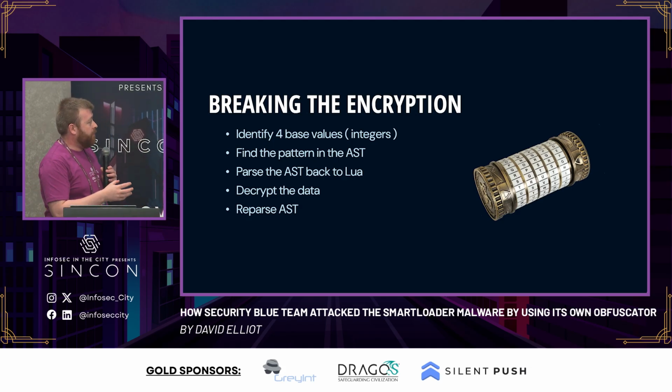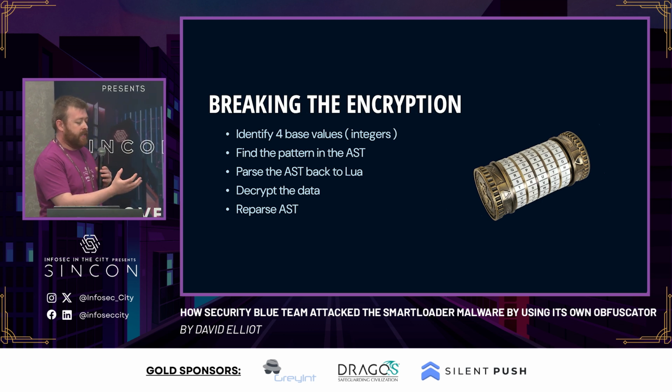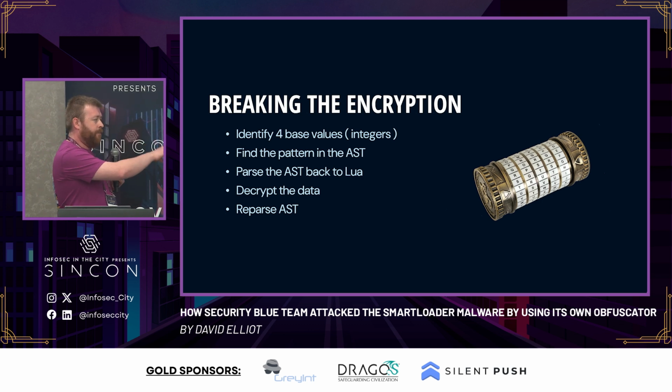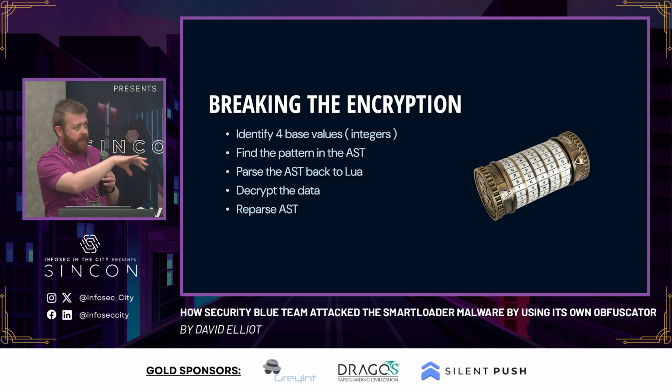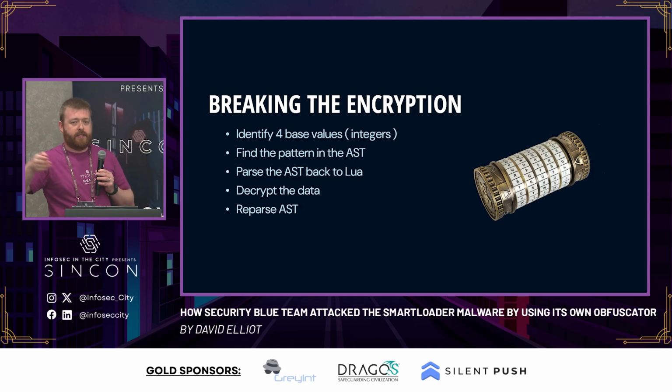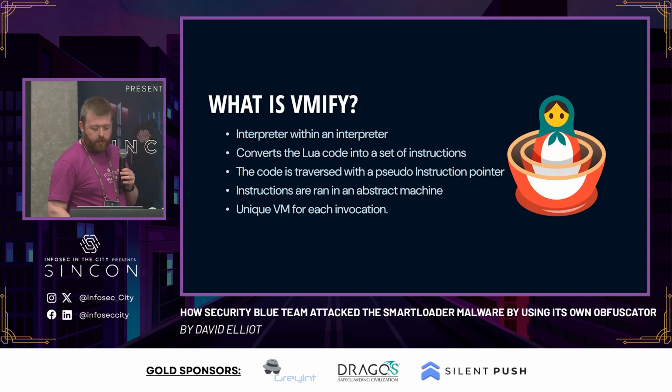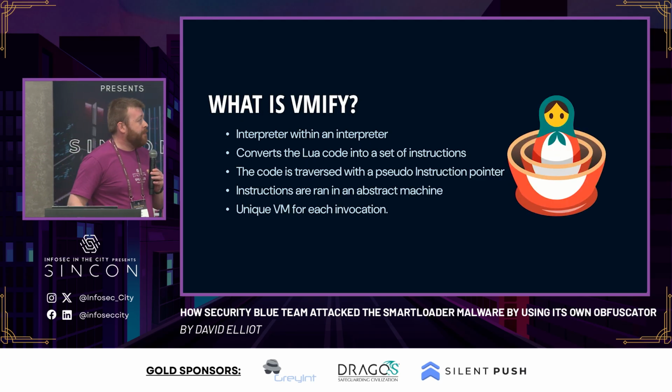Then once we've done that, the easiest way to do that is by taking the AST, passing it back to Lua, finding the patterns, and then decrypting it, and then putting it back into the AST to be able to do the next steps in the pipeline.